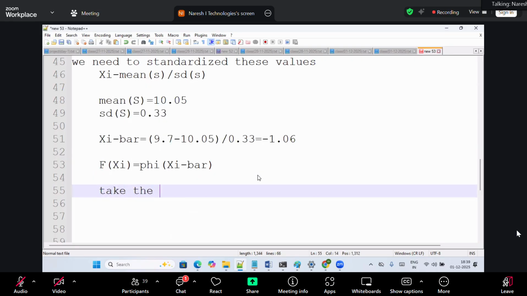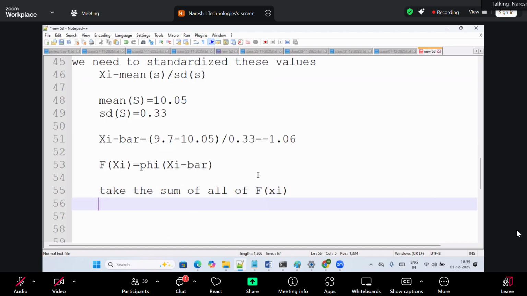Take the sum of all of f of xi. Correct? So suppose you got this sum as, let's take approximately, 0.271.